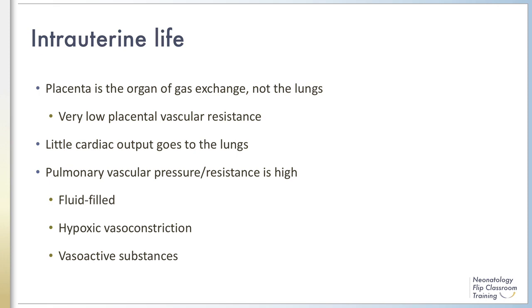Multiple pathways appear to be involved in maintaining high pulmonary vascular tone prior to birth. The lungs are fluid-filled rather than air-filled, which exerts significant pressure on the developing vasculature. Pulmonary vasoconstrictors in the normal fetus include low oxygen tension, leukotrienes, serotonin, and Rho kinase. Vasoconstriction is also the result of low baseline production of endogenous nitric oxide and prostacyclin.